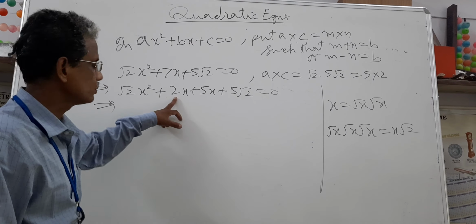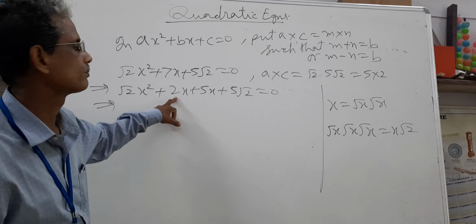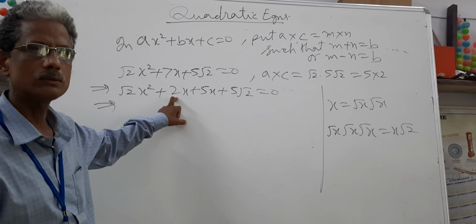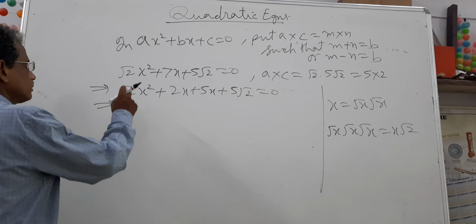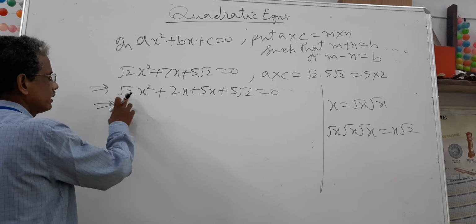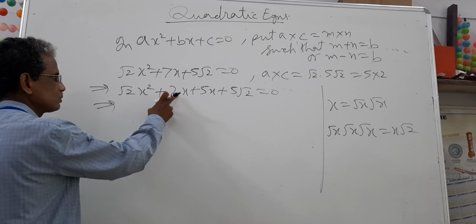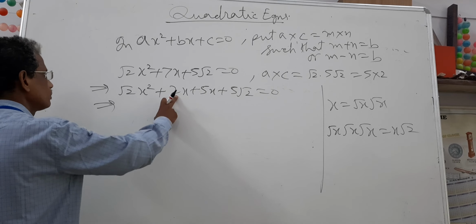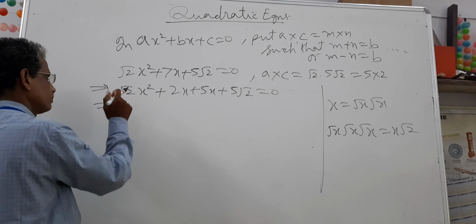So this 2 contains 2 root 2, root 2 into root 2. From these two terms, x is common and root 2 is common.